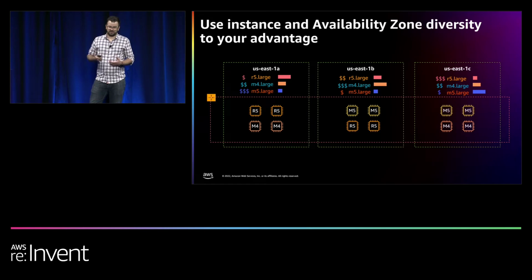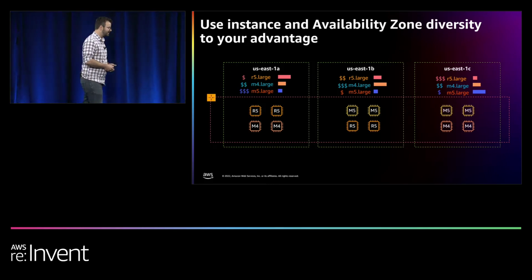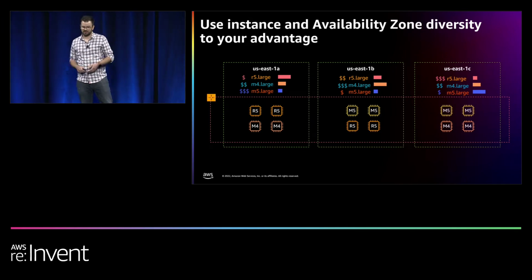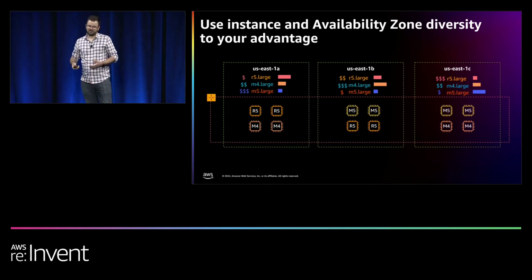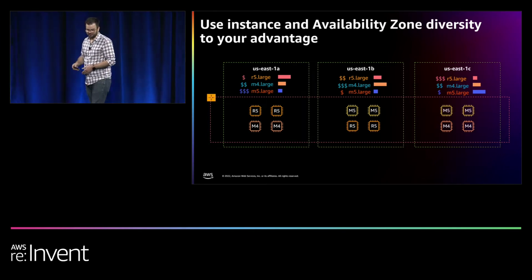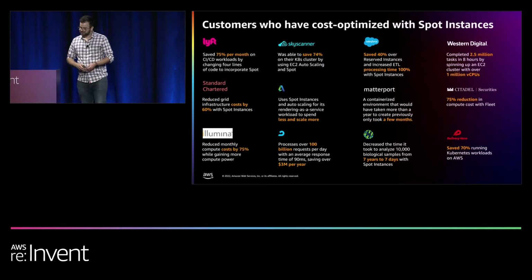So this is really where the magic of attribute-based instance selection comes in. It's great even if you're not using Spot, even for on-demand. Sometimes some instances do get popular in specific availability zones, and by having that flexibility, you can make sure that you get the resources you need for your application, regardless of where you're operating. But it's especially useful with Spot when it comes to cost savings.